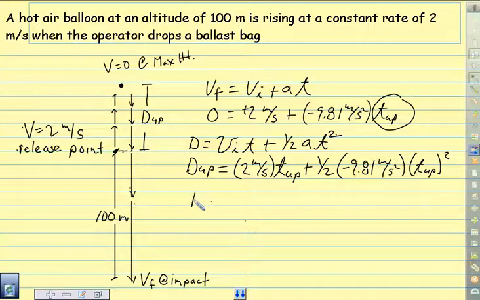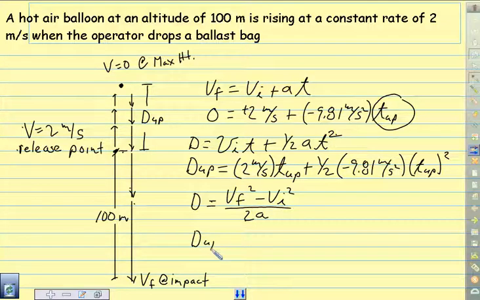Okay, an alternate way of solving this problem is I could use this. Now, if I am just concerned about my upwards distance, again, my velocity at the apex is going to be 0.